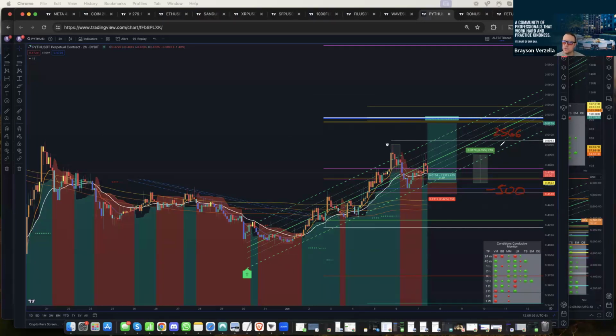So I could literally do 1,000 and trade it at 10x, or I could do 2K and trade it at 10x. And you'll have the same exact potential outcomes, right?